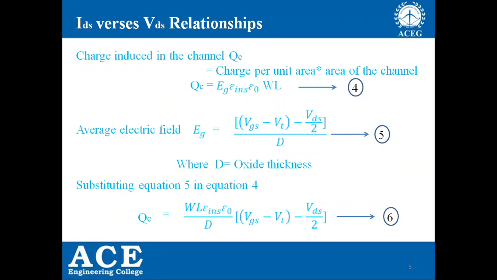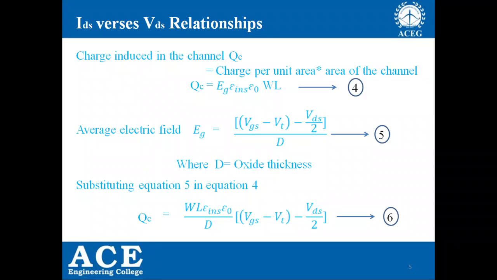So QC is Eg into epsilon ins into epsilon naught into W into L, which gives us the total charge induced in the channel. Let us call it equation number 4.